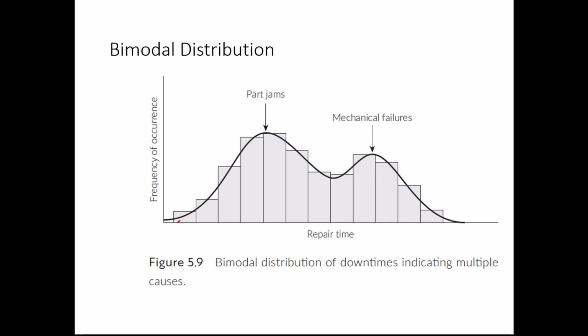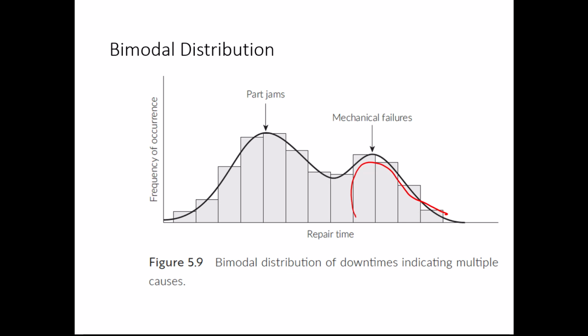So you sometimes may have what is called a binomial distribution, where you do not necessarily have a normal distribution here, but over time you might have another, so you have two normal distributions here. But this happens usually in equipment downtime, where you may have two different causes creating the downtime. In this case, the first one may be part jams, and the other one is mechanical failure.